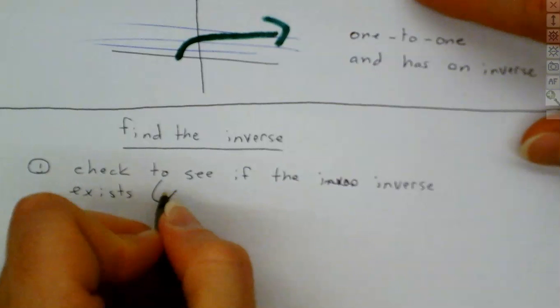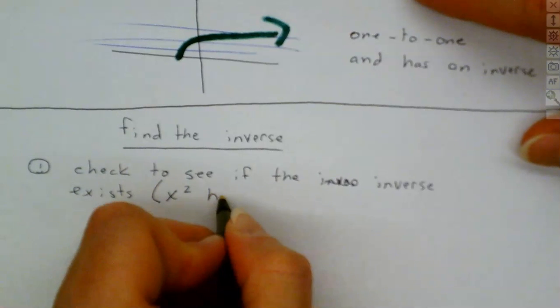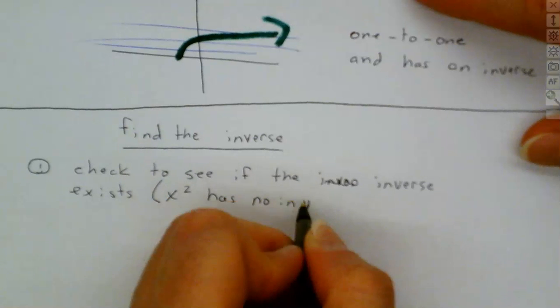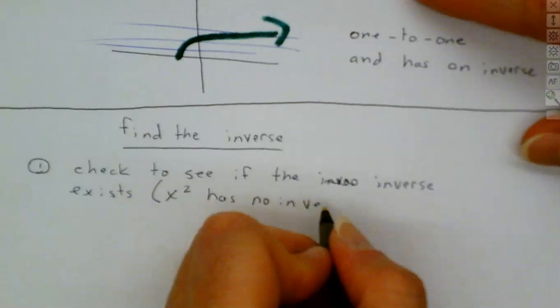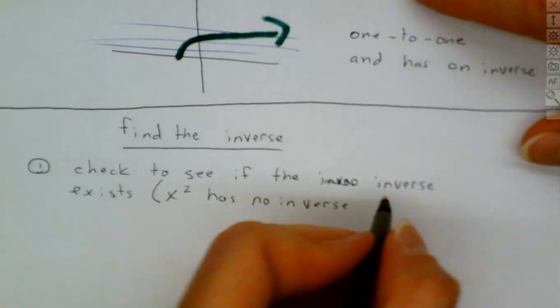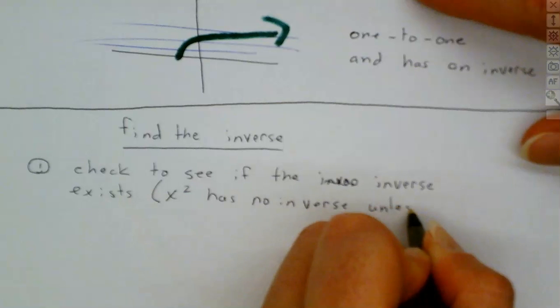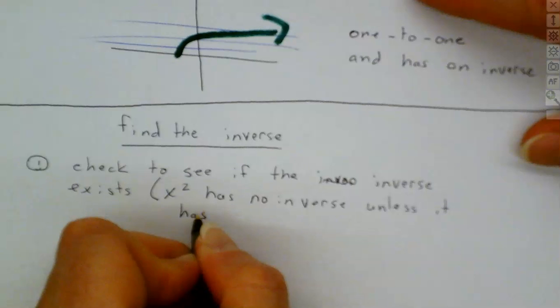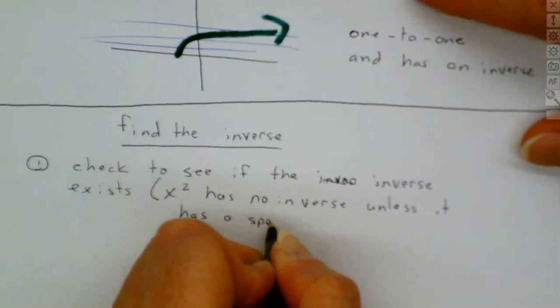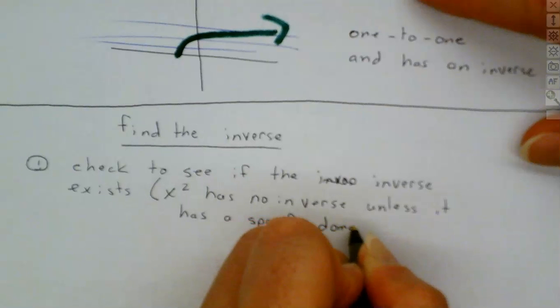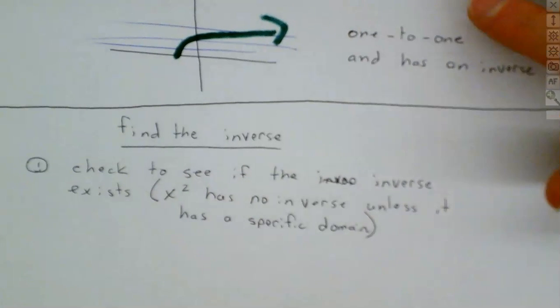And x squared has no inverse unless the domain is specified, which we'll look at one of those here in a moment.